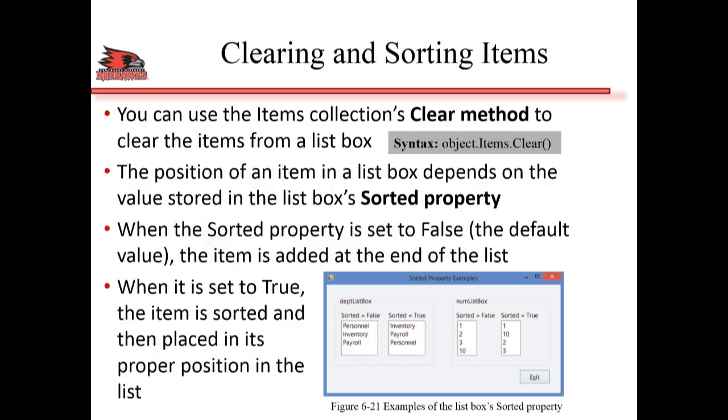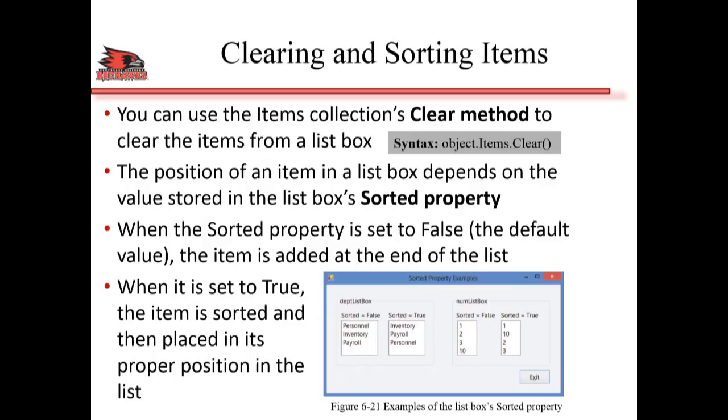An example of that is given at the bottom right. If the sorted was false, then each string would be added according to the order they were added. So the first one would be at the top, second one would be next, and third one would be at the bottom. But if sorted was true, then it's added alphabetically, meaning in dictionary order.